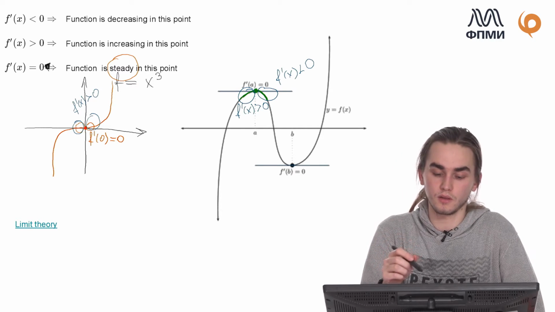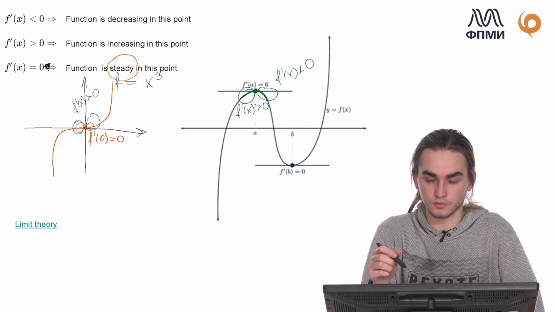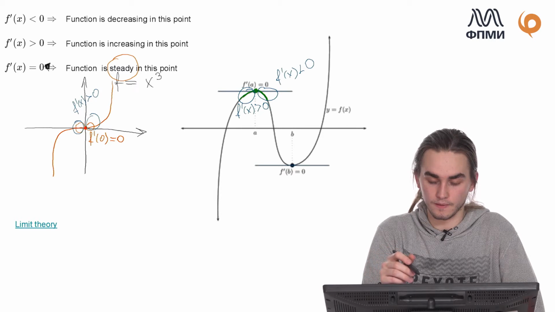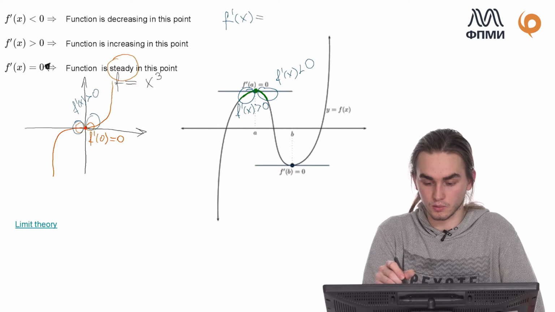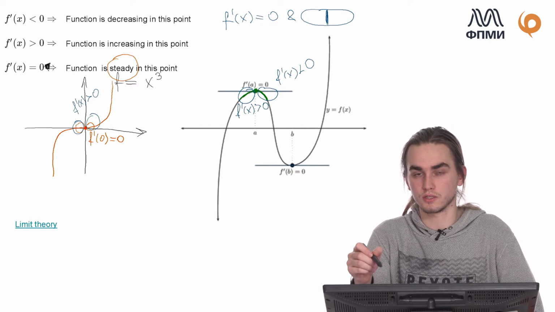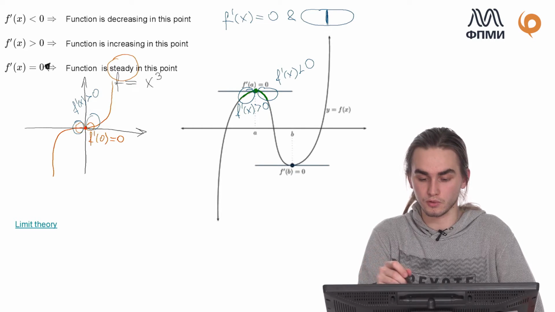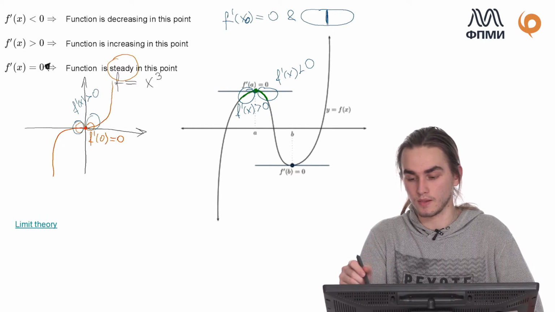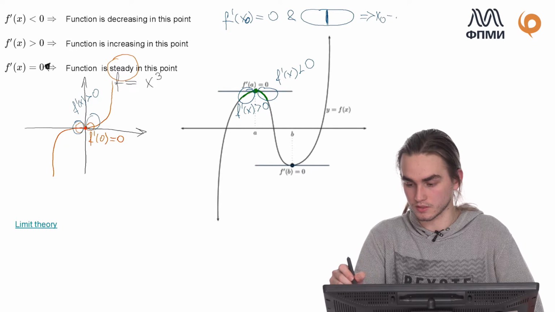So basically, if you look from above, you will understand this pattern: in the first, if f prime x equals 0 and f prime changes its sign passing through this point x sub 0, that means that x sub 0 is an extremum.